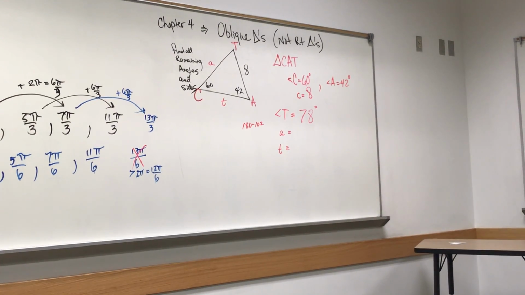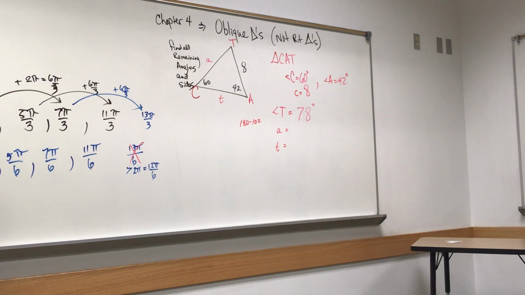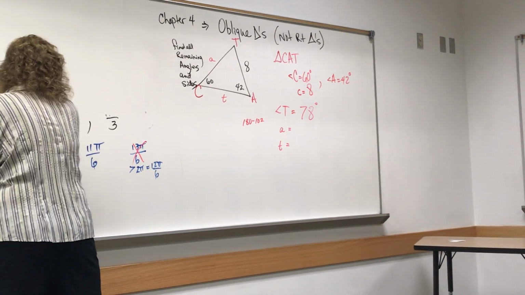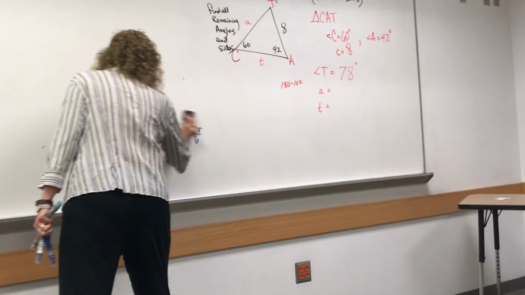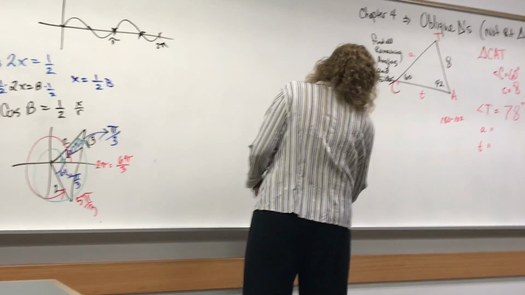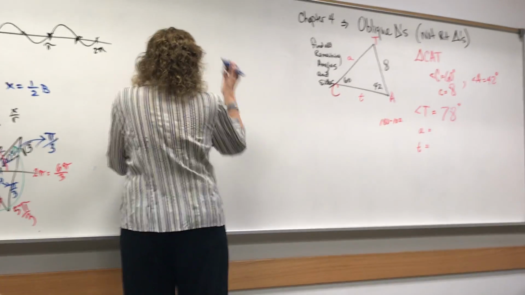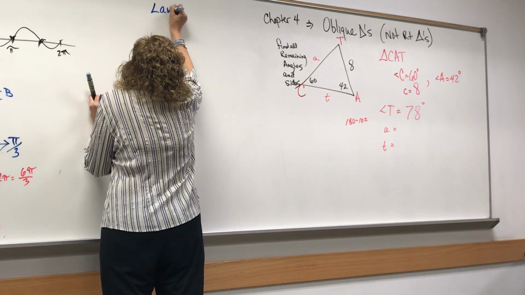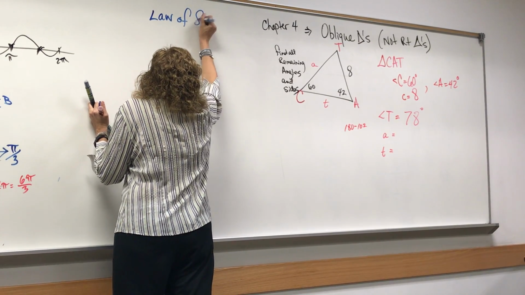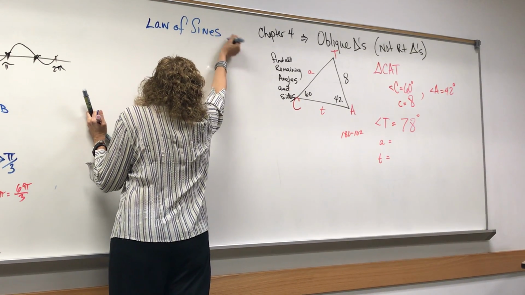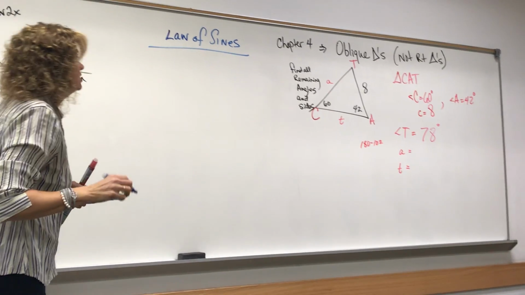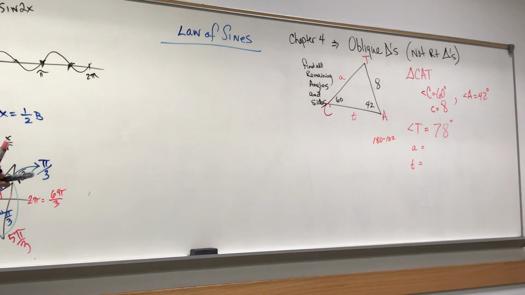Based on the time that we have, I'm not going to derive the formula. It is in your book, and you can look at the derivation if you're super interested in it. The law of sines is a relationship that exists for any triangle.